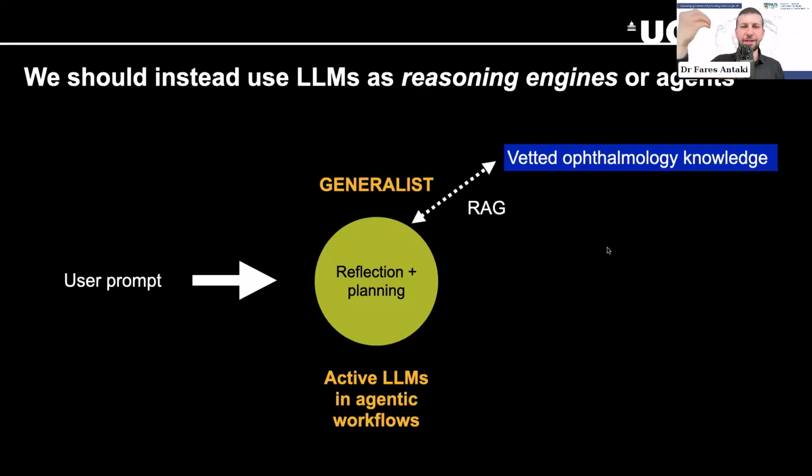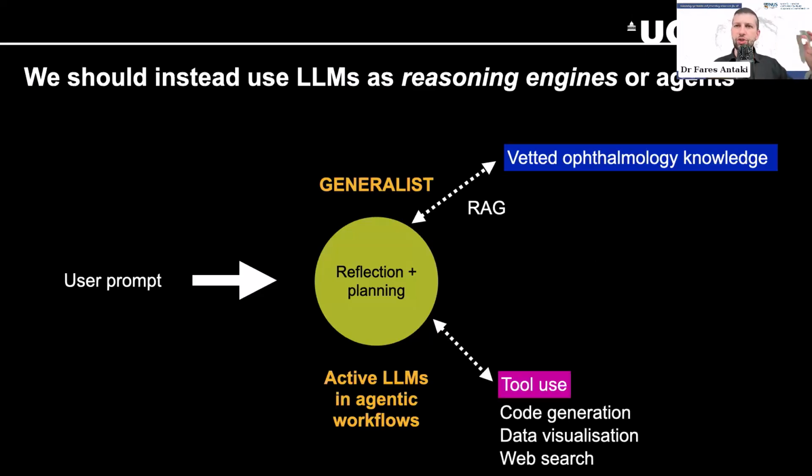So go and check their answers on vetted ophthalmology knowledge, use certain tools to do code generation, data visualization, web search. And all of that is done through reflection and planning within the LLM itself by prompt engineering it to do so. And this way we can get aligned responses that are more useful to us.